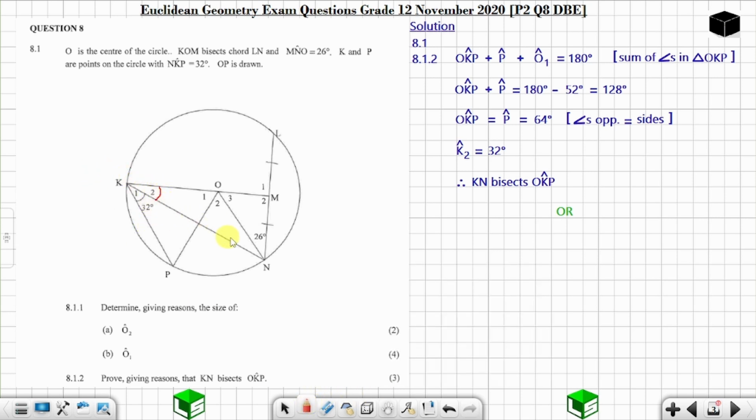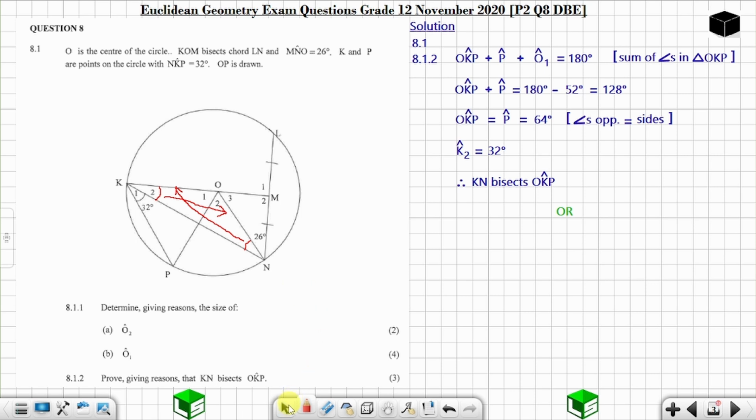This angle is equal to this angle because this angle is opposite the side ON, and this angle is opposite OK. So OK is equal to ON. OK is a radius, ON is a radius as well. So angles that are opposite equal sides are also equal.